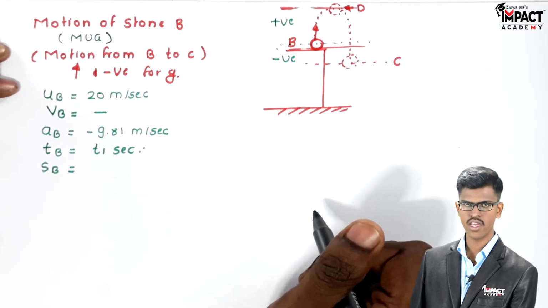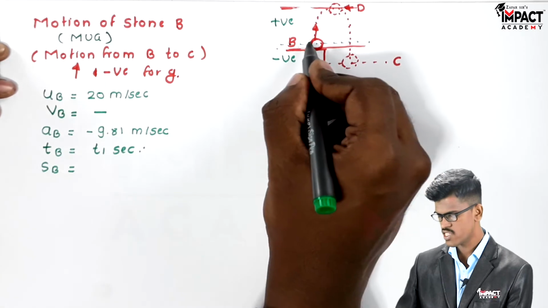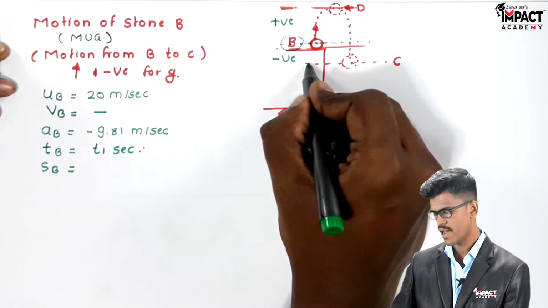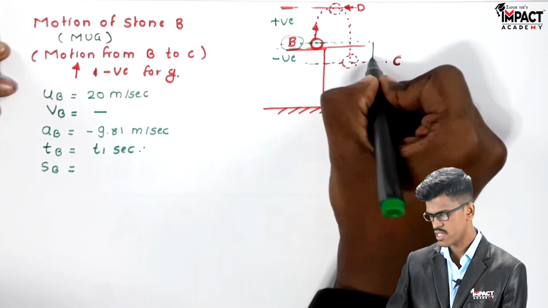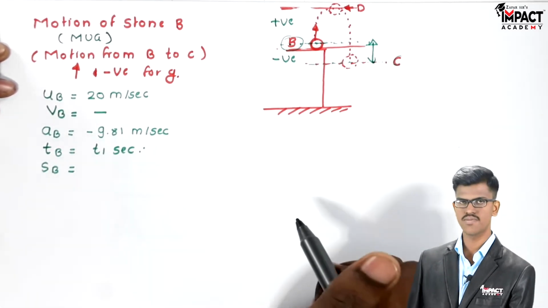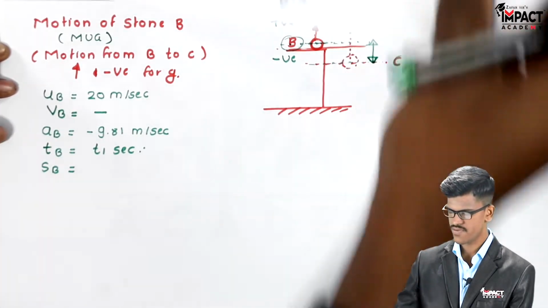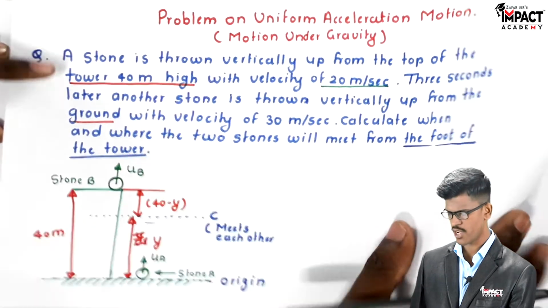Displacement is a vector and depends on the initial and final position. The initial position of stone B is point B and the final position is point C, so we have to consider this displacement. This displacement value is 40 minus y.